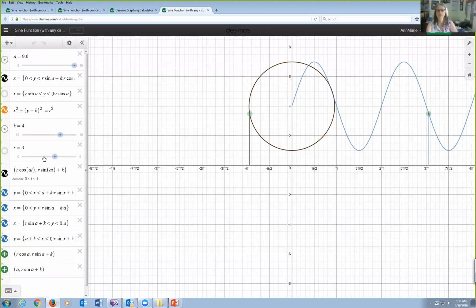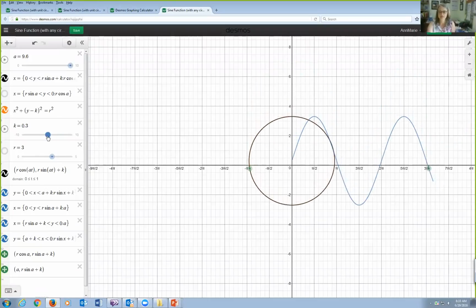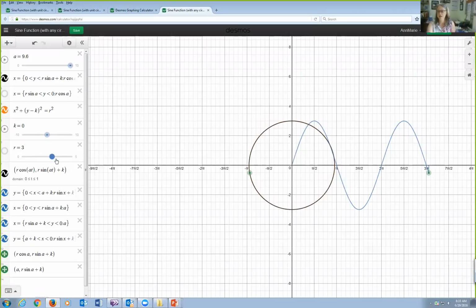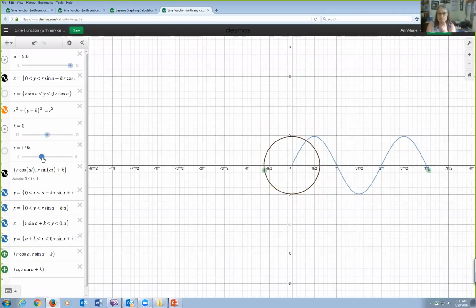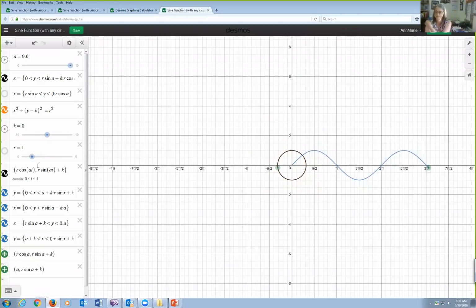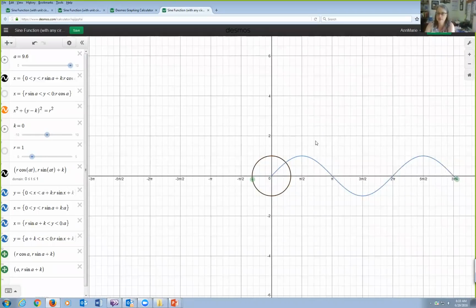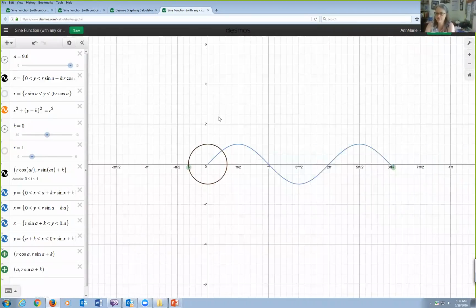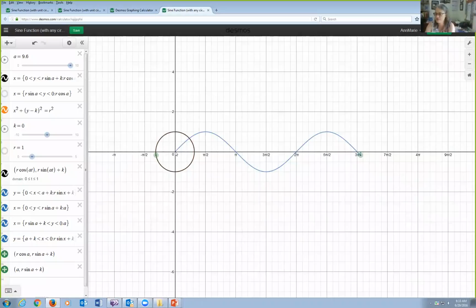So let's start centered at the origin. So I've got my circle here. It's centered at the origin. And if I take my radius back to 1, we get our usual sine function. I know this because it goes through 0, 0.